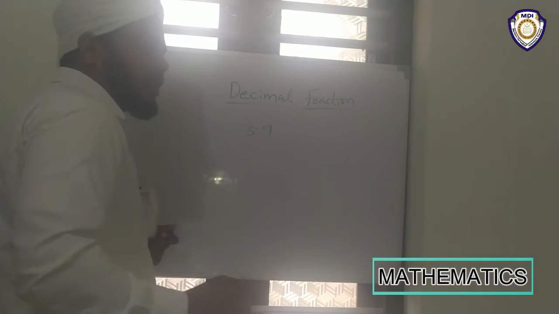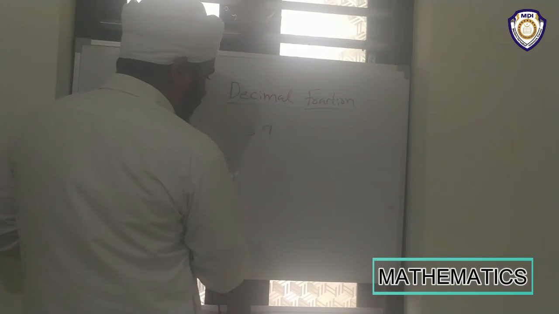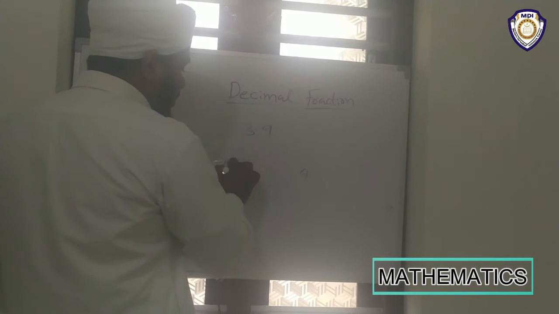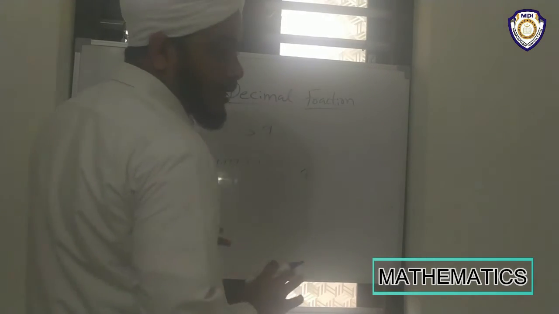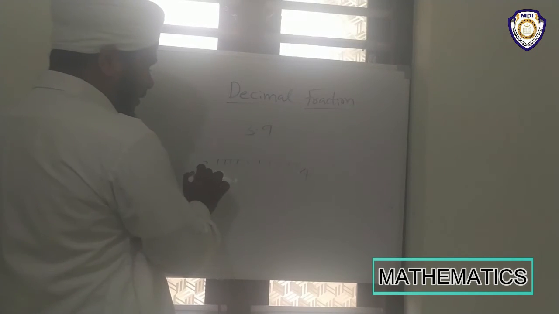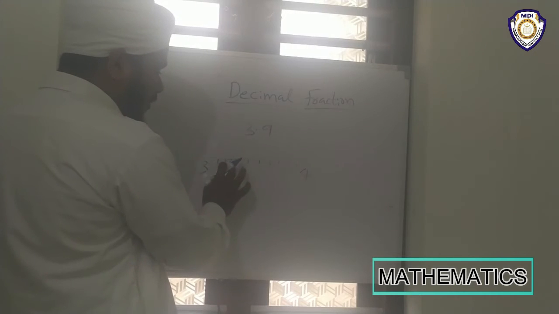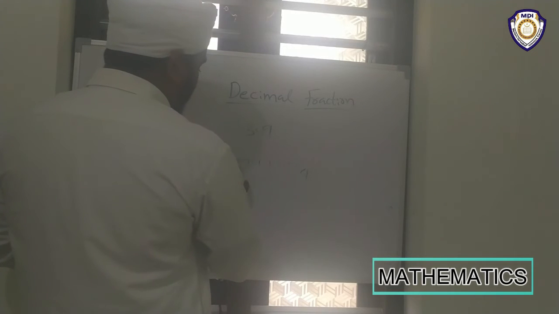Question, represent 3.9 on the number line. Here 3, 4, and between them 10 points. Just imagine 10 points. Okay, this is 3. Then 1 2 3 4 5 6 7 8 9.